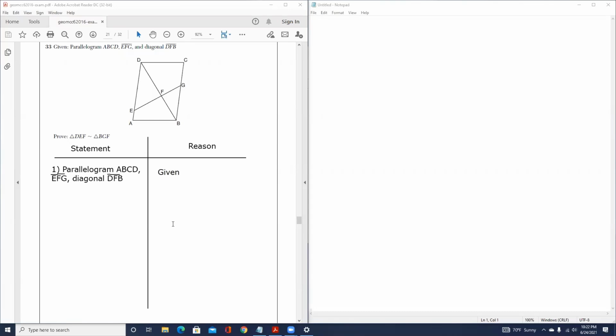Now the strategy to this is, if we want to prove that triangles are similar, we have to think about how can we prove a triangle similar, and what can we show in our shape to get that. One thing that immediately sticks out to me is, if we want to prove triangle DEF and BGF similar, we can start with one of the angles, in this case angle F, DFE and GFB.